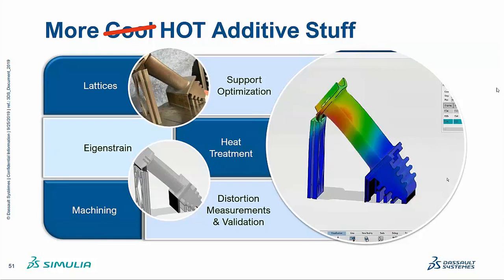On the hot side, though, there are matters such as heat treatment, which you can deal with in the scope of the framework for additive manufacturing simulation, but also things such as distortion measurements and validation. It offers you a plethora of capabilities to take experimentally deduced values and compare them to the numerical results.